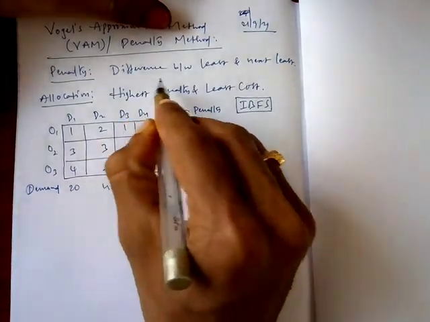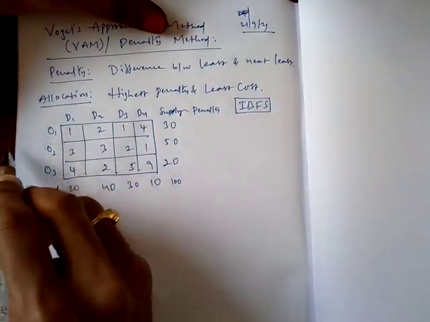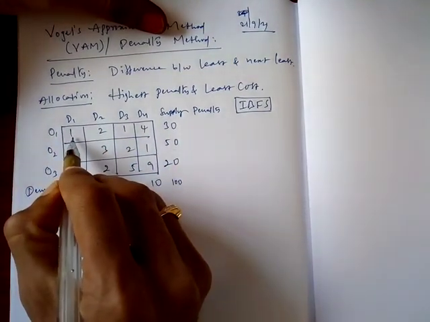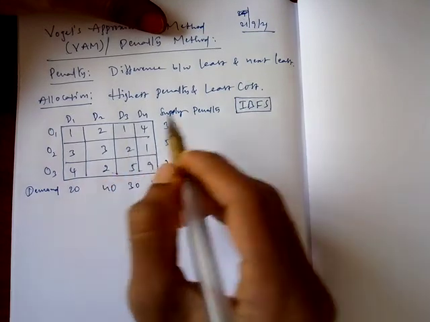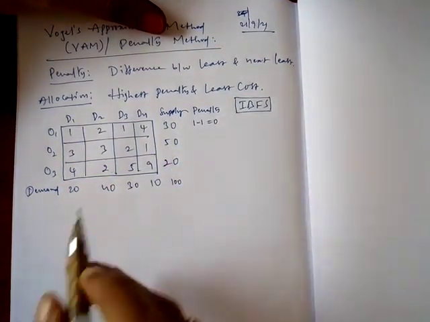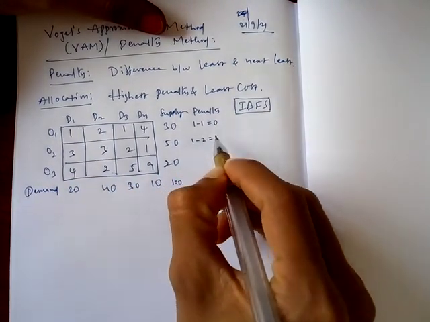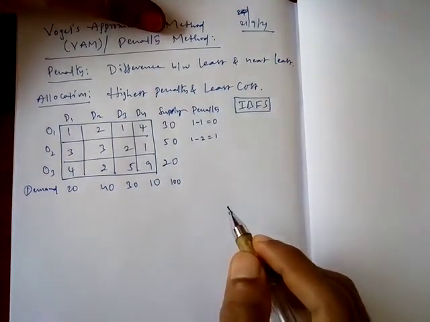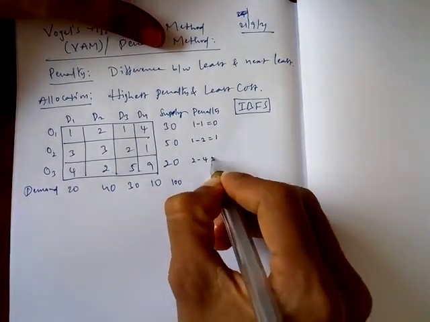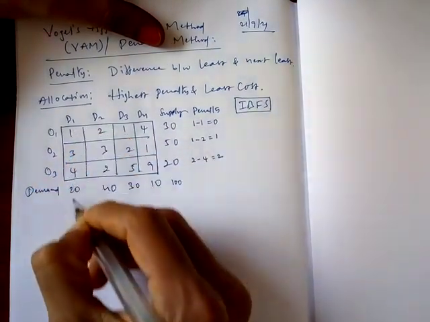Penalty is the difference between the least and the next least. In this row, 1 is the least, the next least is also 1, so 1 minus 1 is 0, the penalty is 0. Here 1 is the least, 2 is the next least, so the difference is 1. Here 2 is the least and the next least is 4, so 2 is the penalty.